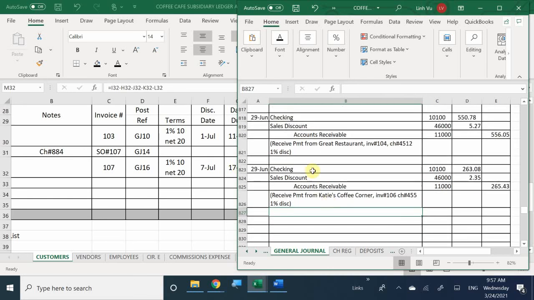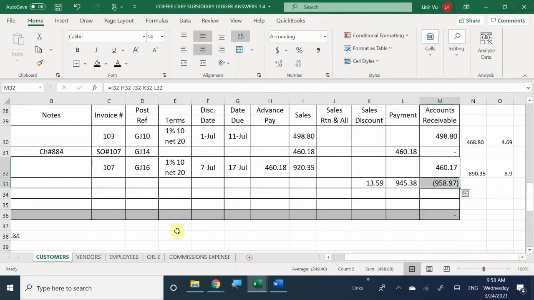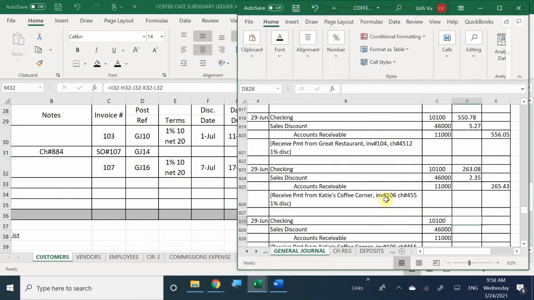Okay, so once again, I'm going to copy the information from above because it's the same exact thing. So 629, right? Checking is the 945.38.